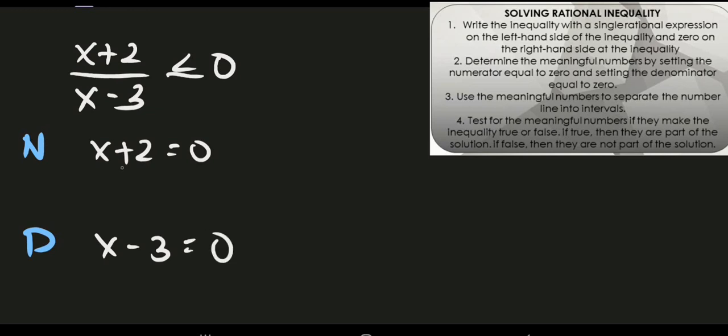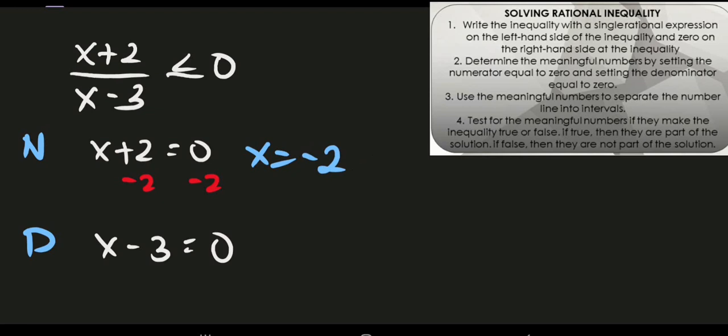If we have x plus 2 equal to 0, just solve for the value of x. So we need to subtract 2 from both sides. So we have minus 2 and minus 2. Therefore, the first value of x for the numerator is x equals negative 2.